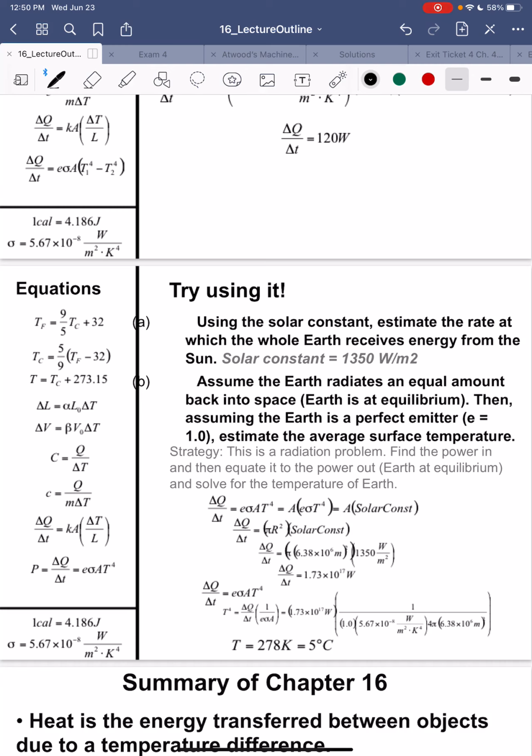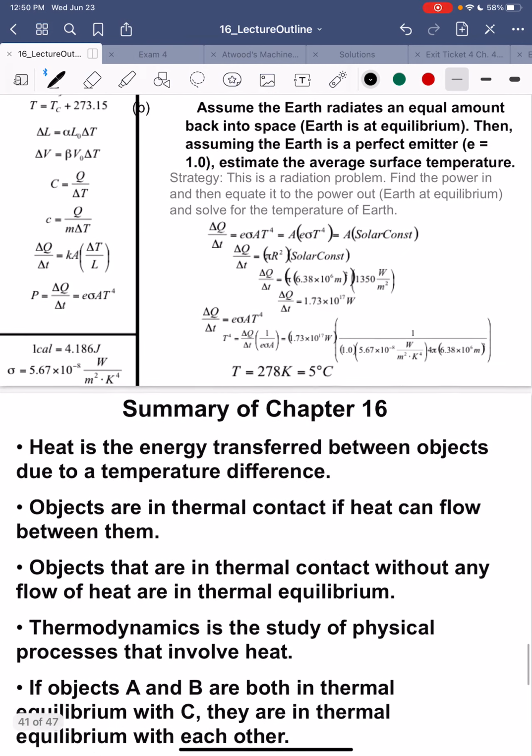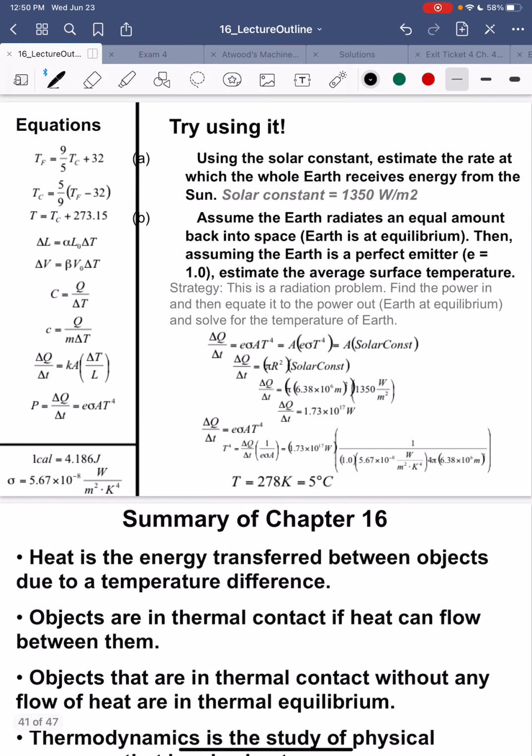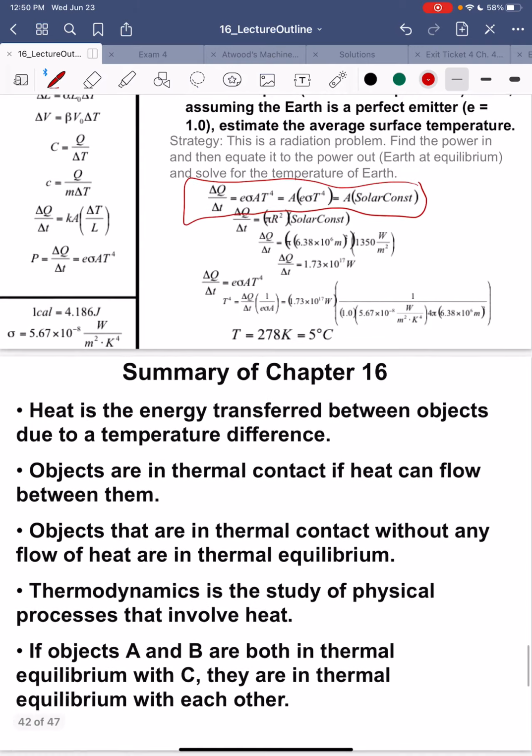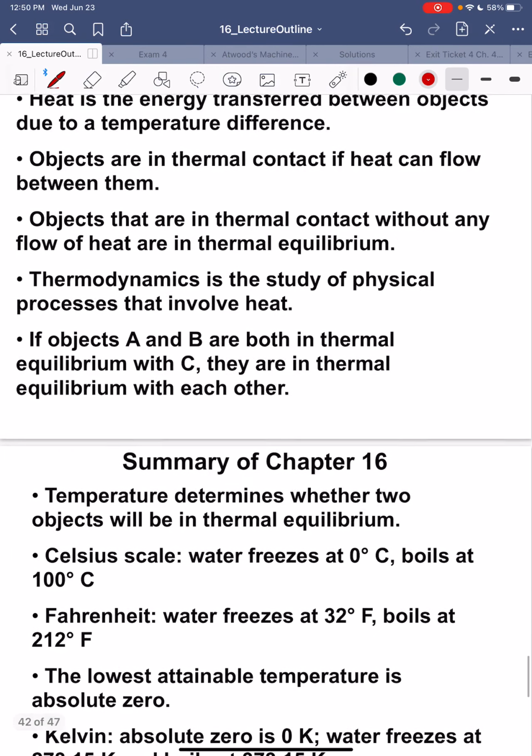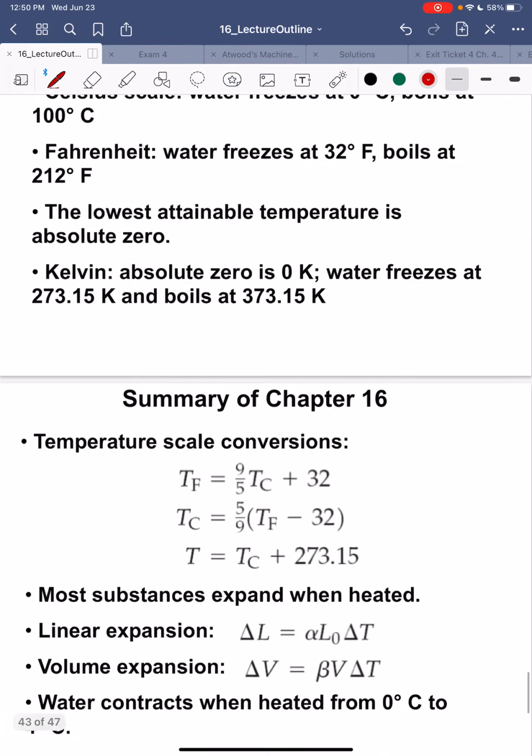From that, I can calculate delta Q over delta T, and I will put this equal to the equation again to find the temperature. Because this is my major equation here, and this is really the summary of this chapter.